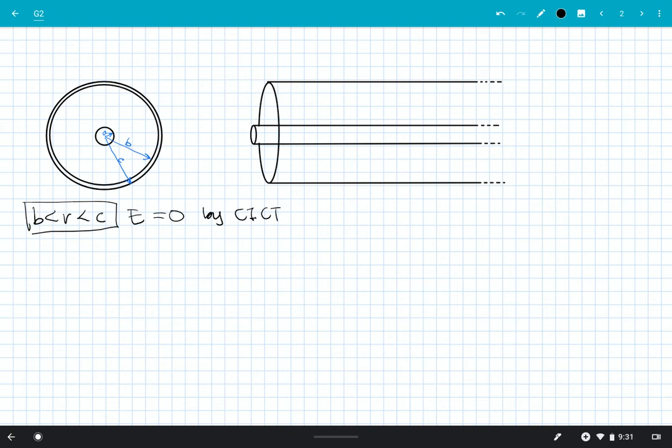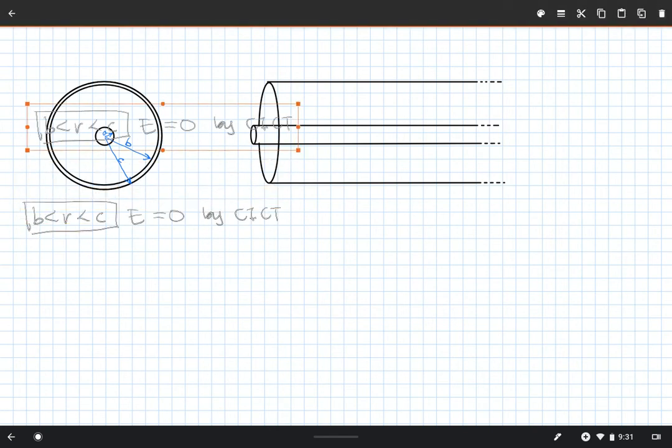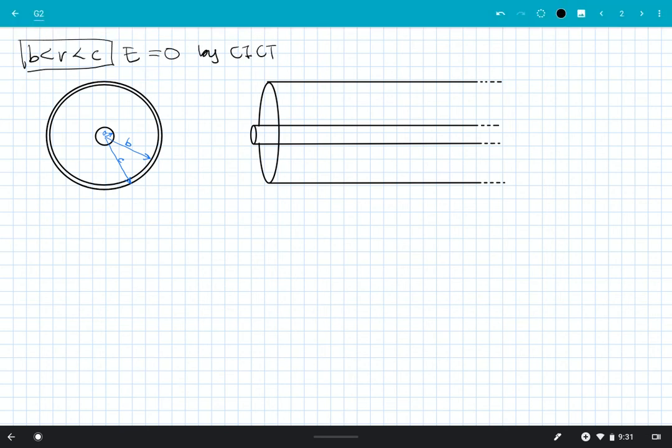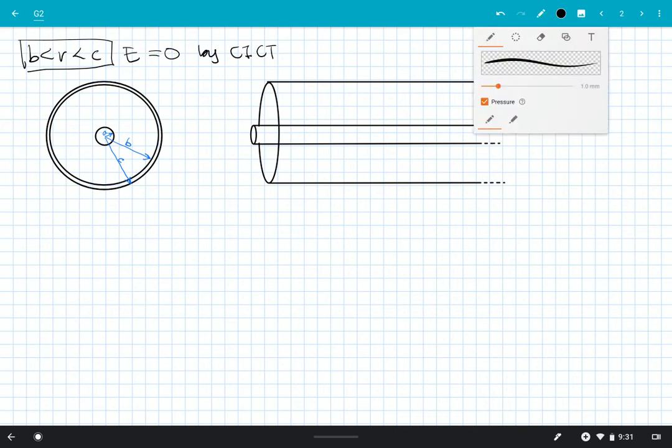Okay. I'm going to move this up here instead, get it out of our way. Okay, cool. So we're done with that between b and c. And then the next region of interest to us is looking at r outside of c. So let's do that now.